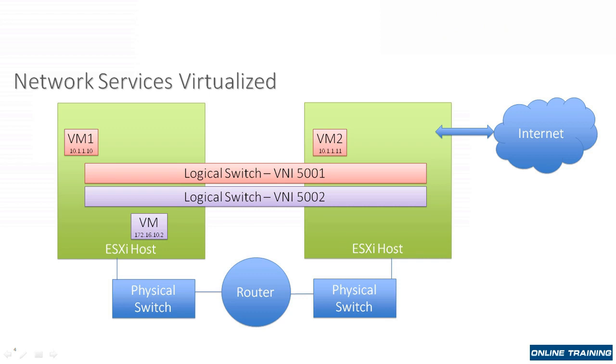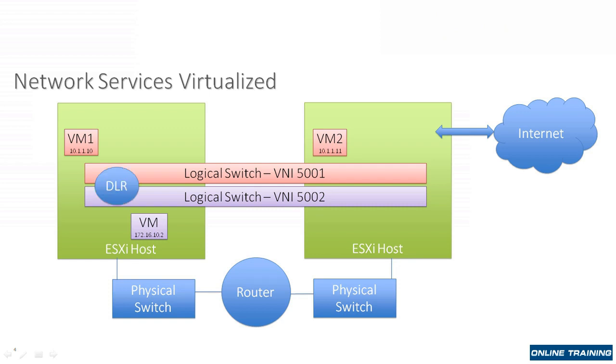I don't even use VLANs on those logical switches. So that's what I'm talking about when I say, decoupling the network from the physical hardware. It allows you to make whatever changes you want in the NSX environment without having any reliance on the reconfiguration of the physical network hardware.